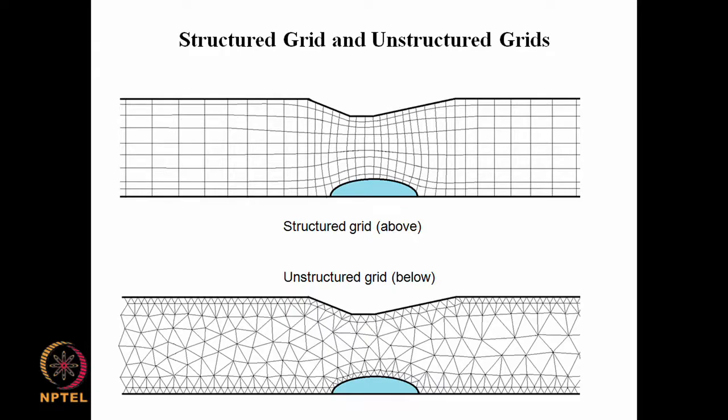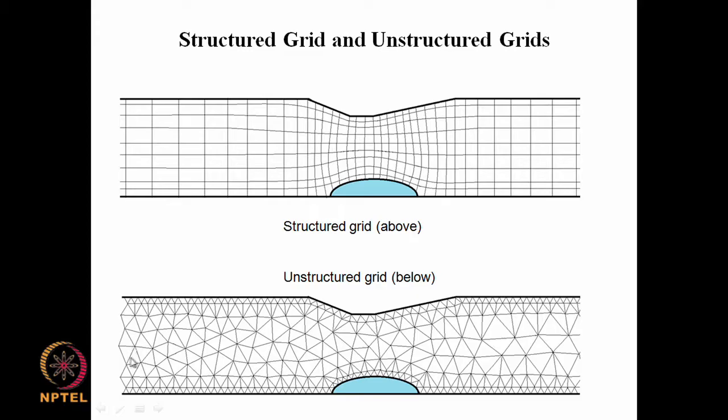Now the difference between the structured grid, which is at the top, and the unstructured grid, which is at the bottom, is that if you take this point here, the immediate neighbor is here and here and here and maybe here, but for a triangular cell it is only the immediate neighbor sharing a face with you that matters.